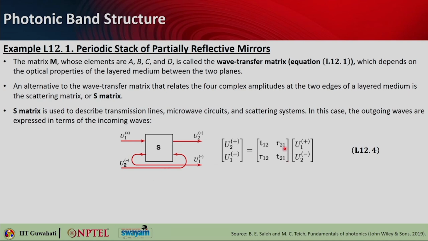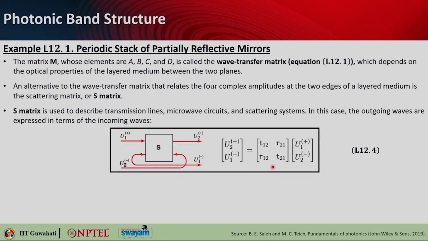So, you will have R21 times U2 minus. Is it clear? So, U2 plus is given as T12 times U1 plus, and there is also one contribution coming from this one, some part of it will get reflected and add up to this outgoing wave. That will be R21 times U2 minus.